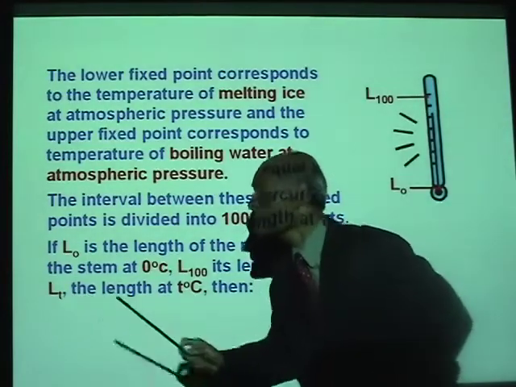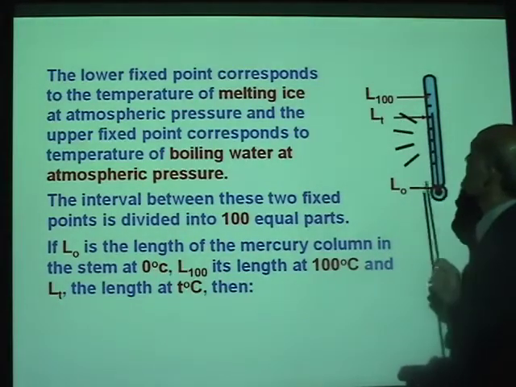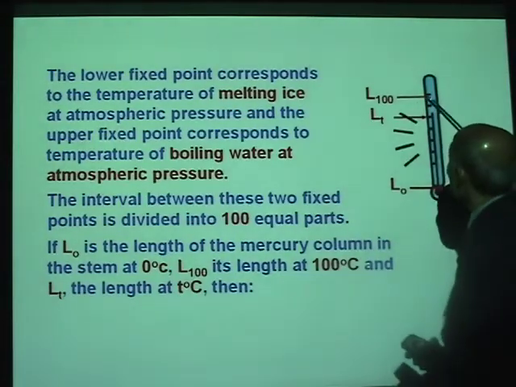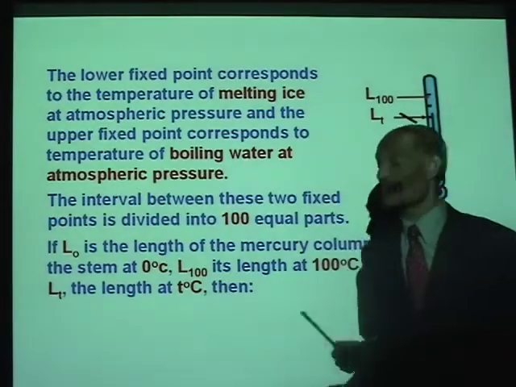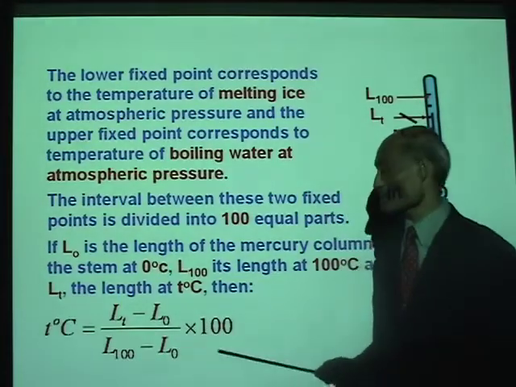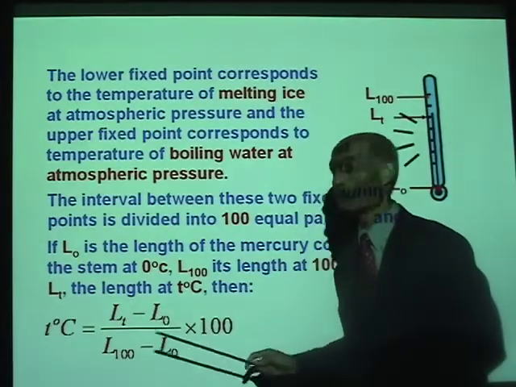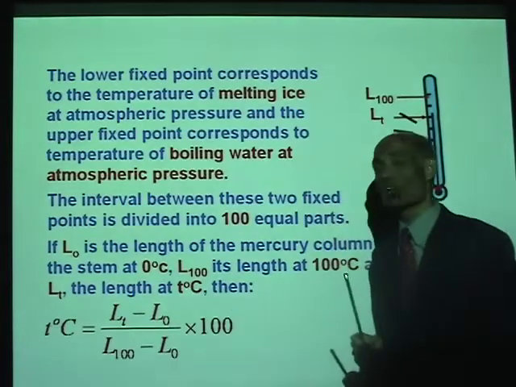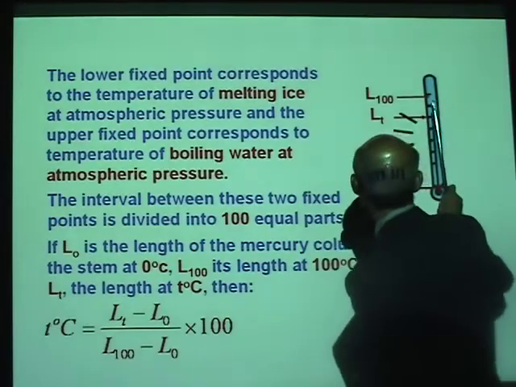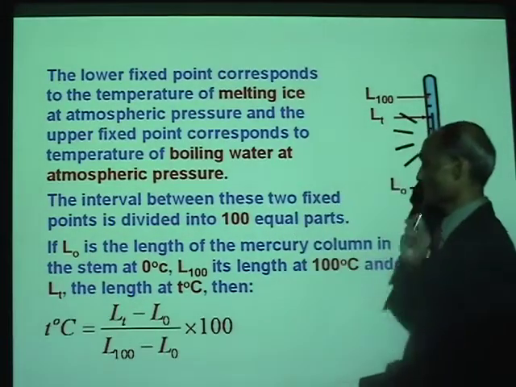And if L sub t is the length of the mercury column at that time, so this is L sub t. Using these 3 values of the lengths of the mercury column, we can now calculate the temperature T like this. Now take a note of this equation. T degrees Celsius equals L_t minus L0 divided by L100 minus L0, multiplied by 100. So once you know the lengths, you can calculate the temperature.